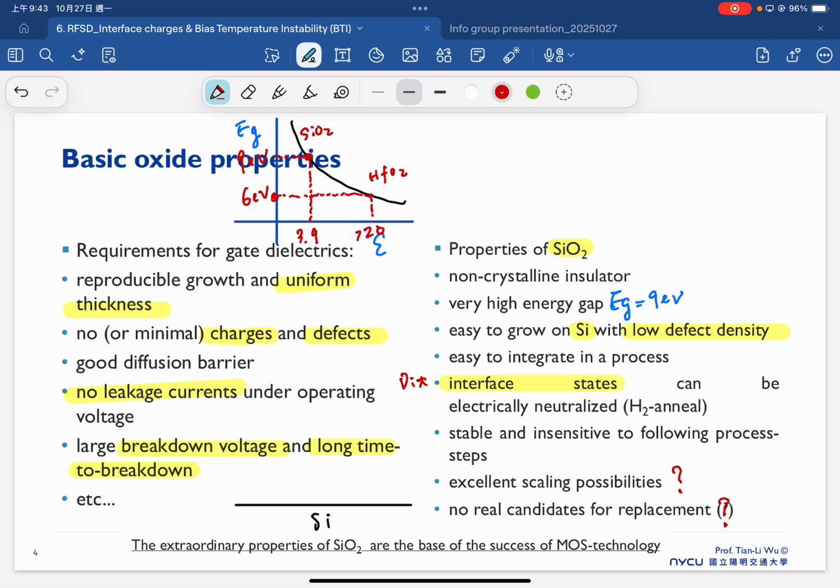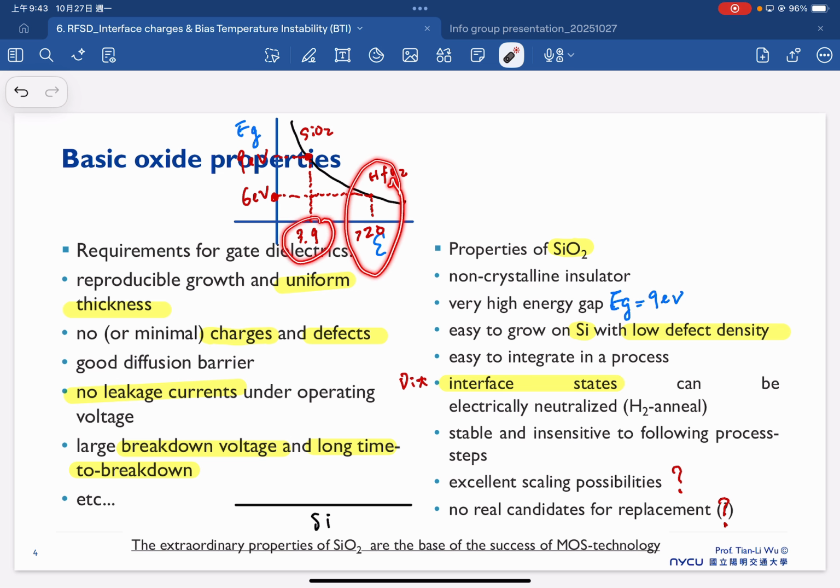So that's why this gives us a great possibility to think about the chance to combine the silicon dioxide with another material, a material with a dielectric constant larger than silicon dioxide. This is a material that we call a high K dielectric.